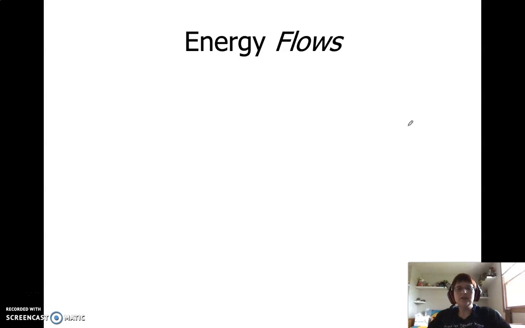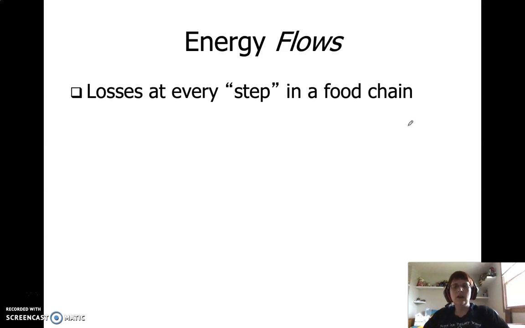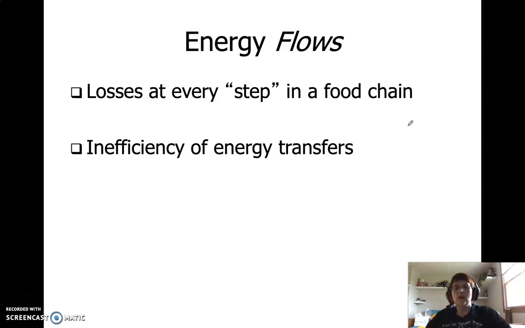Well, it has to do with this energy flow. Every time you go a step in the food chain, you're going to lose energy. Okay? And this goes way back to when we talked about the energy transfers in the energy chapter. When you transfer energy from one place to another, it's inefficient.